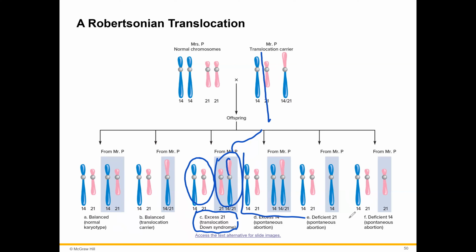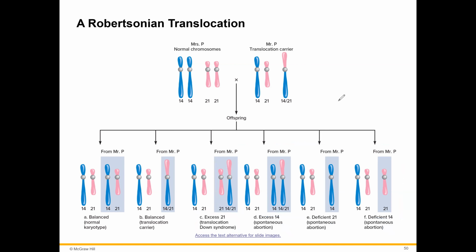Now, the rest of these possibilities will cause spontaneous abortion, right? Because it either will have an extra chromosome 14 and the baby will not survive, or it will be missing chromosome 21, or it will be missing chromosome 14. Neither one is a condition that allows the fetus to survive.